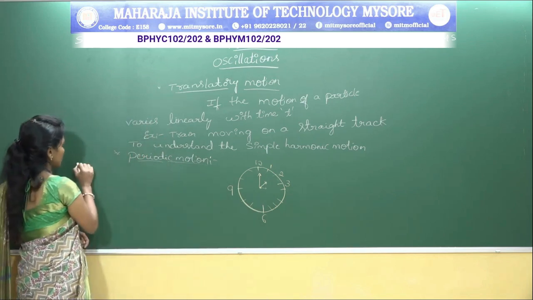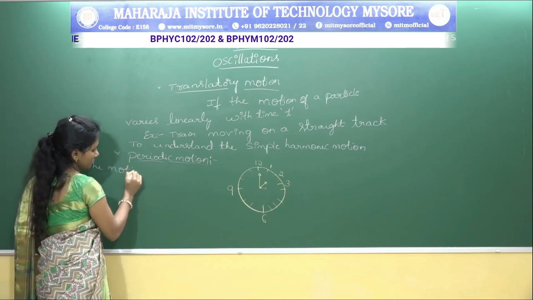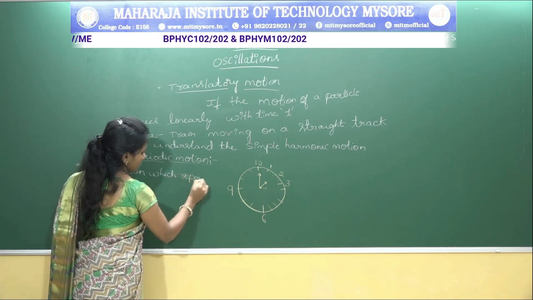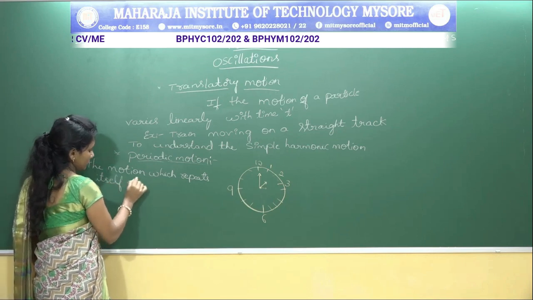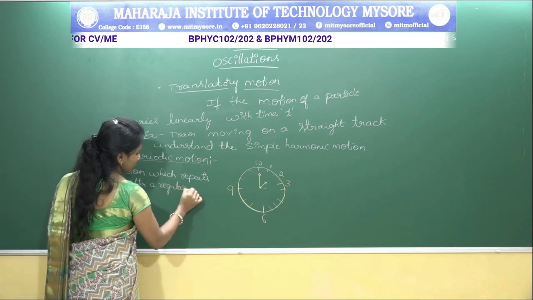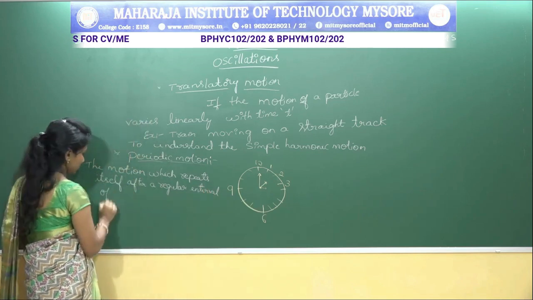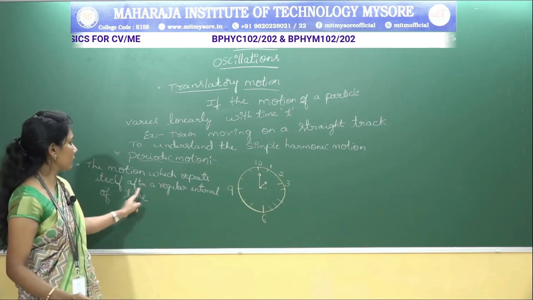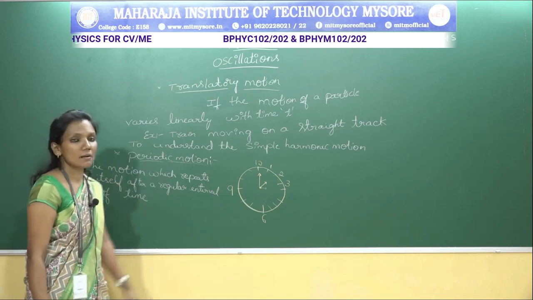So a periodic motion is nothing but the motion which repeats itself after a regular interval of time. That type of motion we call periodic motion.